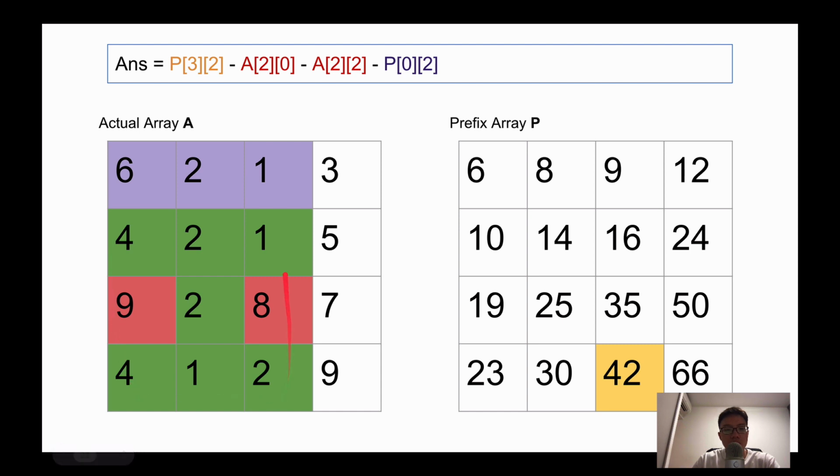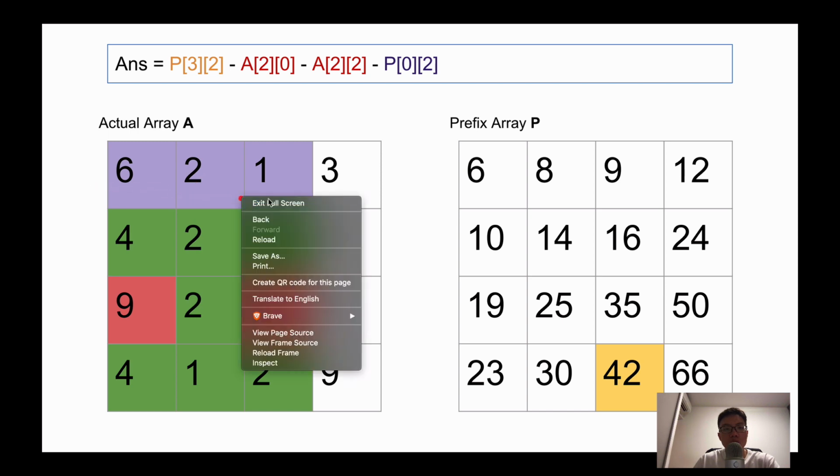So from here, we subtract the elements that we don't need first. We don't need 9, we don't need 8, because the hourglass only consists of this particular shape. So we just subtract them individually. Next, after subtracting 9 and 8, we still need to subtract the topmost row.